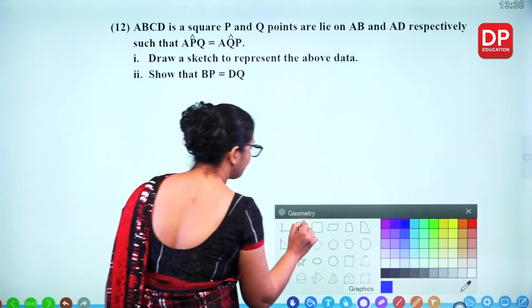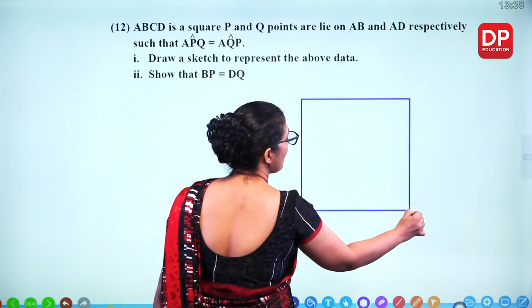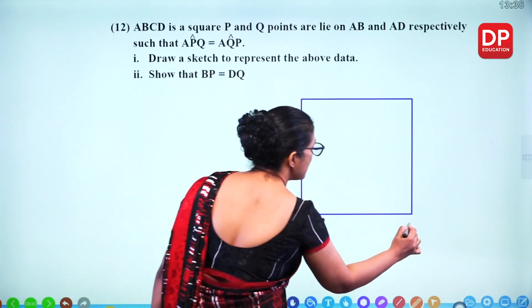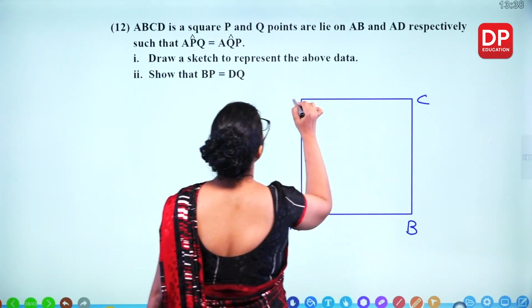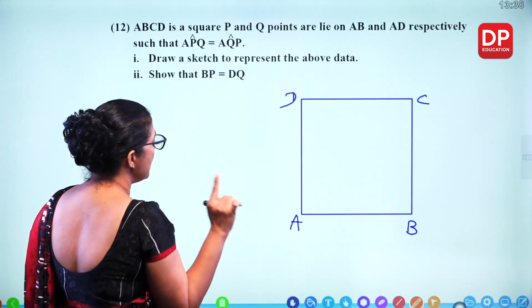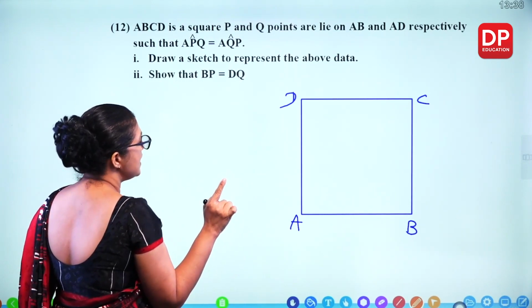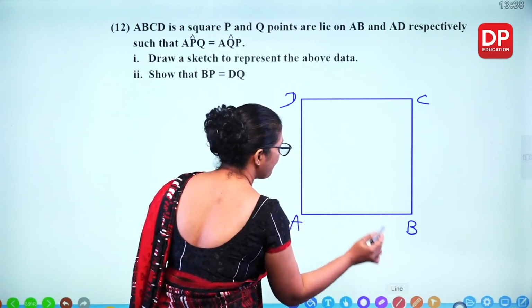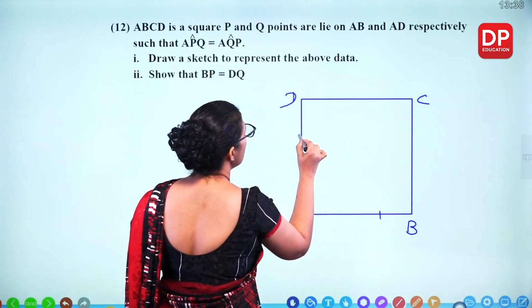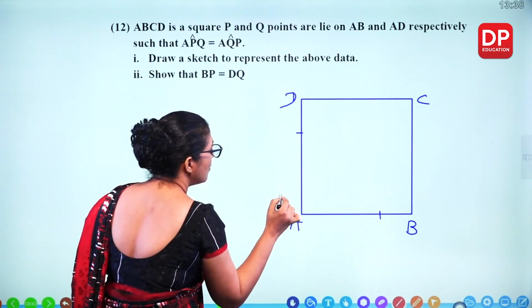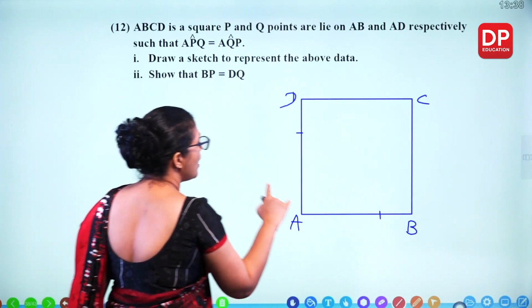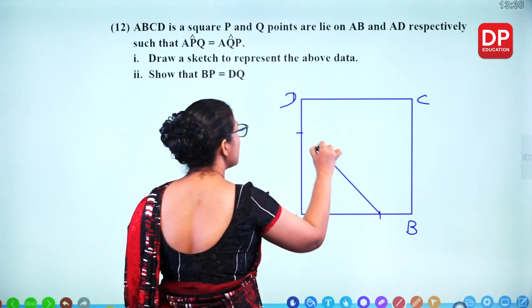A square. ABCD is a square, and P and Q points lie on AB and AD. So this is somewhere I will say P, Q. Now it says APQ, so we'll connect this.